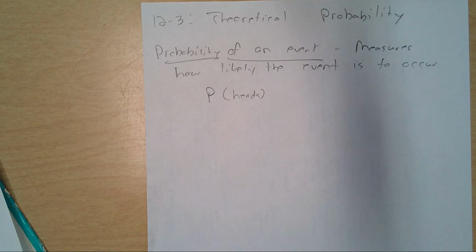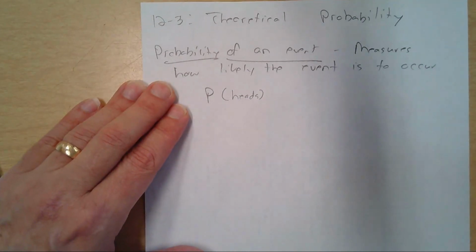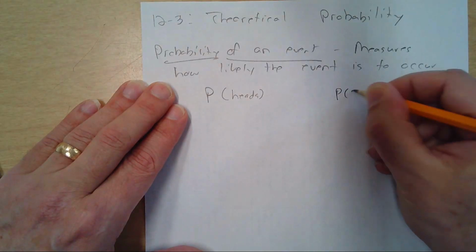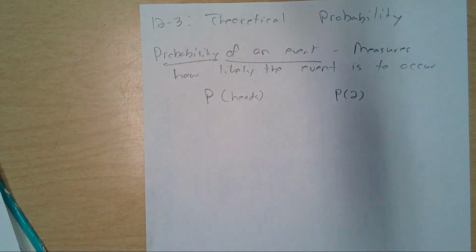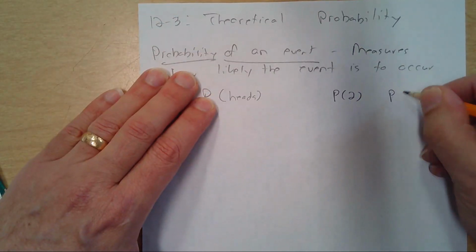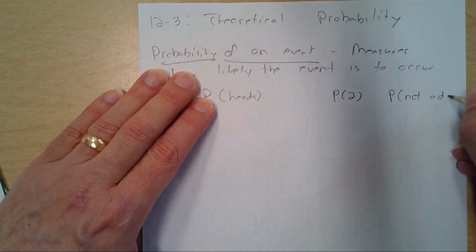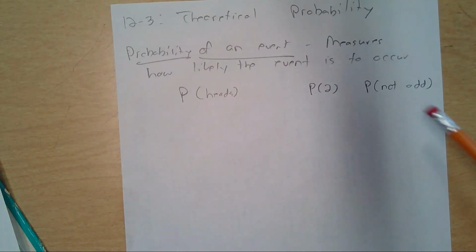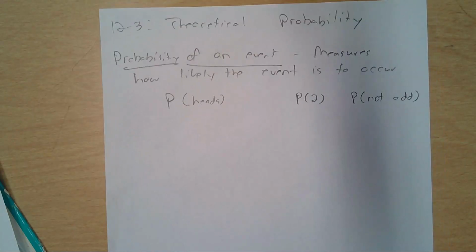If I was rolling a die and wanted to know the probability of getting a 2, I could write the probability of 2. If I was rolling a die and said, what's the probability of getting not an odd number, I could say probability not odd. We'll talk about this not scenario in a little bit.